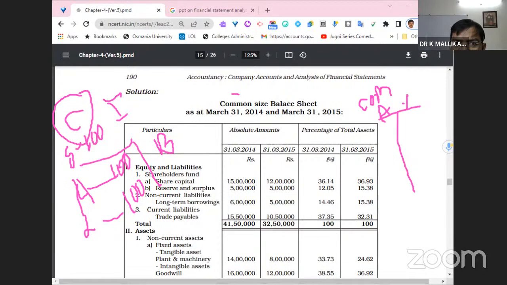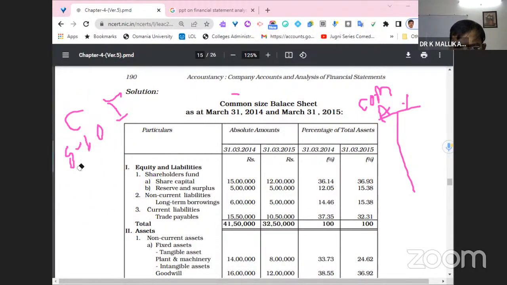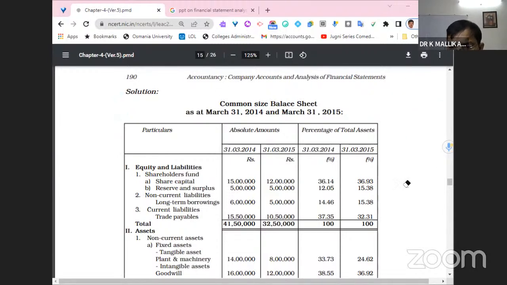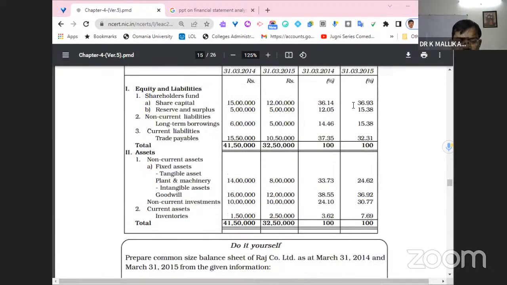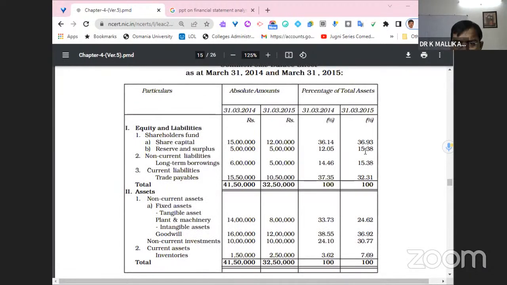So what we do is, we know the percentage, right? For example, you can see here the previous year. Interpretation is very important for any financial statement. In the previous year the fixed assets, tangible assets, were 33%.